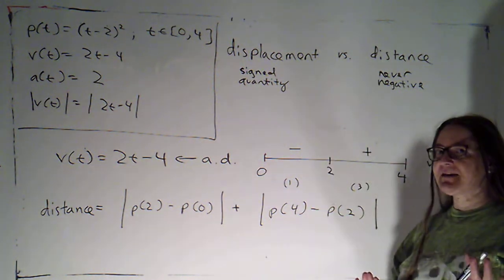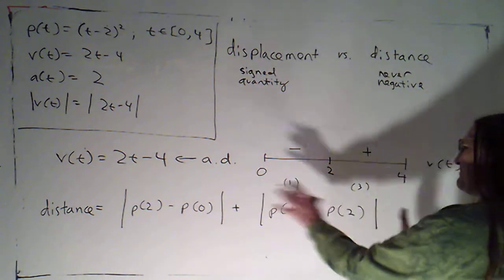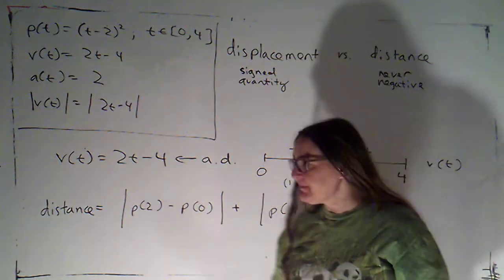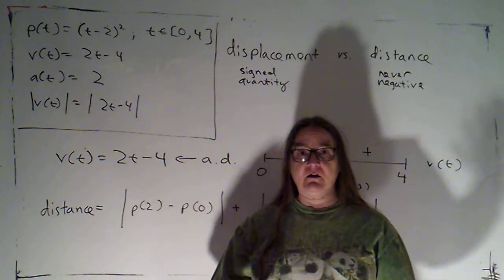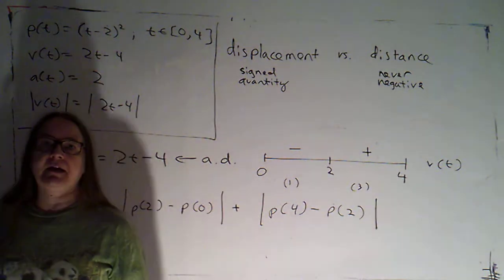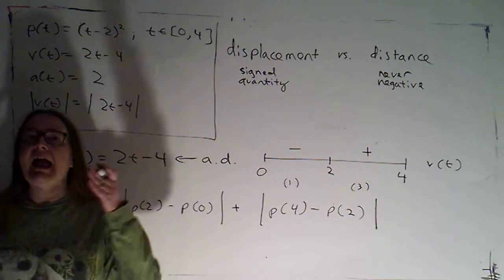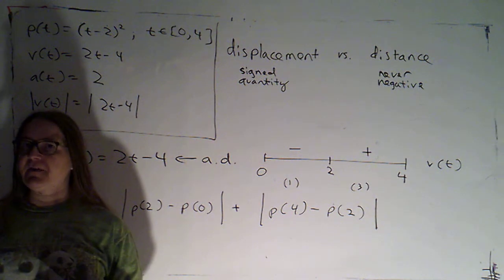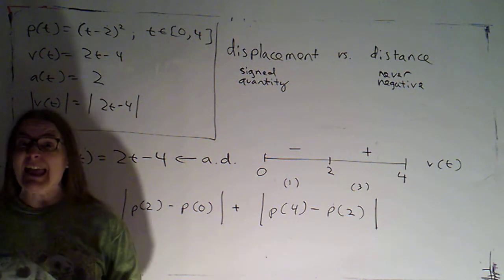I will write that down in a moment. Let's actually finish calculating this. The idea basically is the particle started here. Over the first 2 seconds, it was moving to the left. So we calculate how far it moved to the left. If I calculate the displacement over that time interval, it's going to be negative.